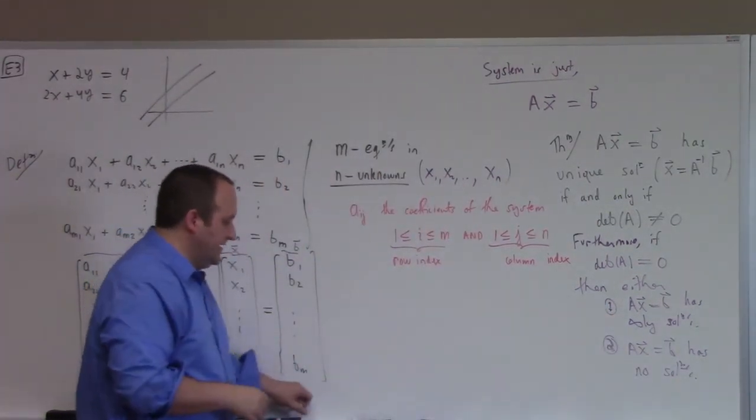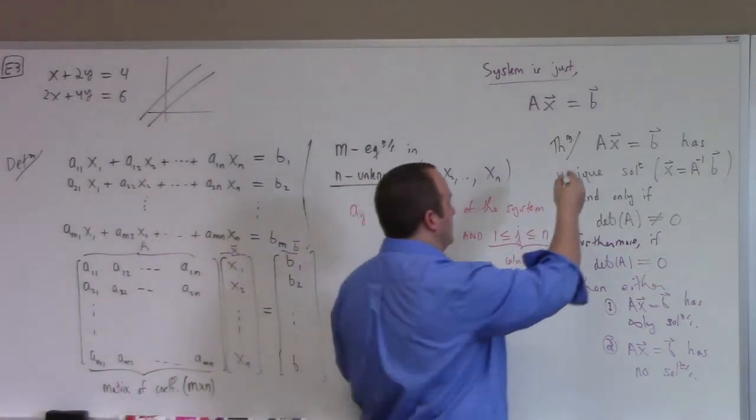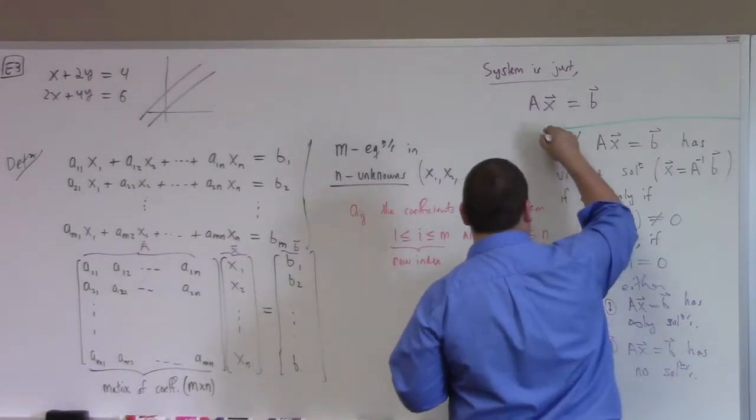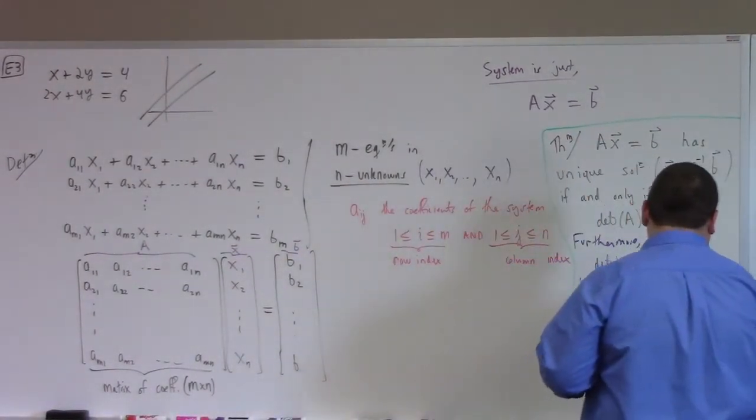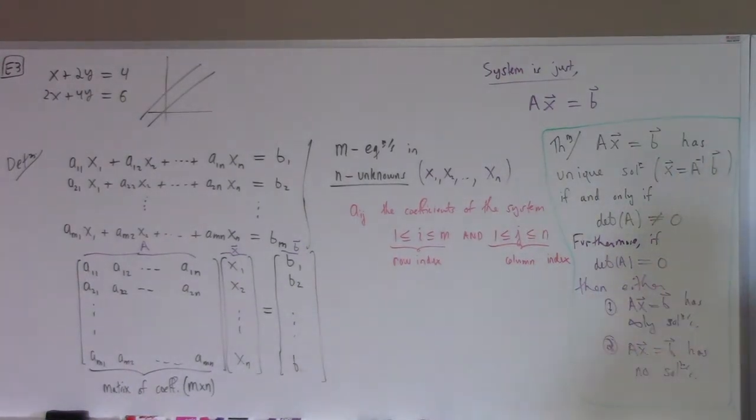So I think you can start to get a sense of why it's called the determinant. It's kind of punny, but it determines whether or not there are solutions, right?